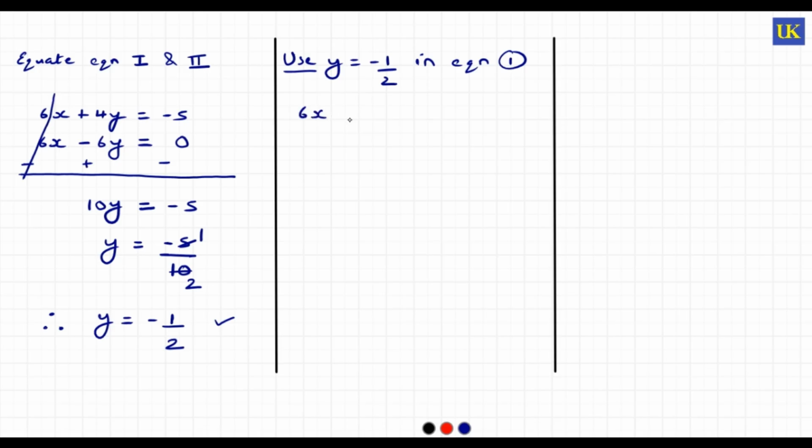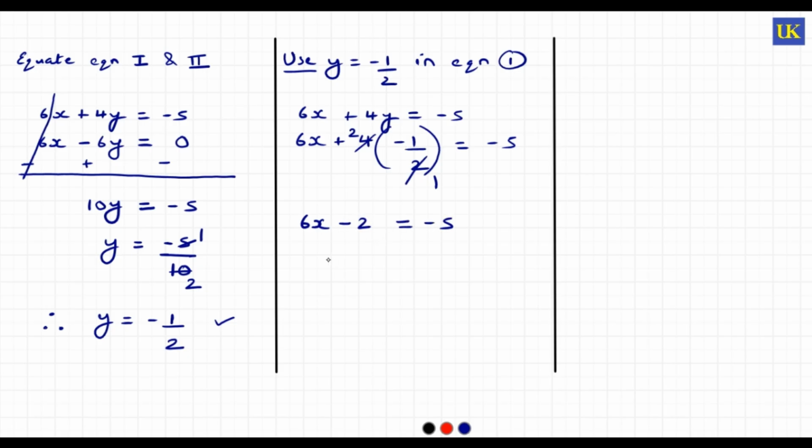So 6x plus 4y is equal to minus 5. 6x plus 4, and instead of y I will write minus 1 by 2, is equal to minus 5. So 2 ones are 2, 2 twos are 4, 6x. 2 into minus 1 is minus 2, is equal to minus 5.